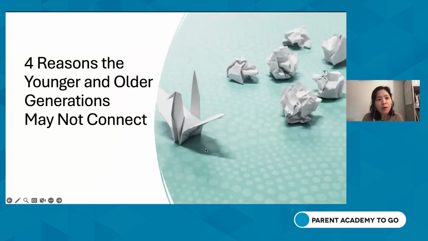So we're going to go over, I think, 4 reasons the younger and older generation may not connect. And these are just some things that I see happen not only in families, but in my business.